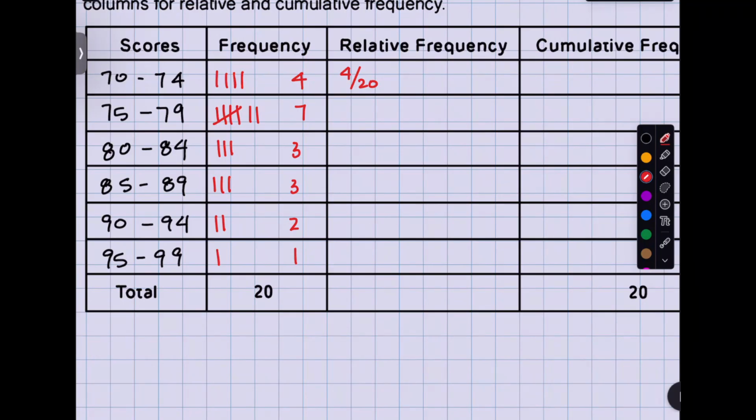Okay, so that would be 0.2, which is known as 20%, just so you know. 7 over 20.